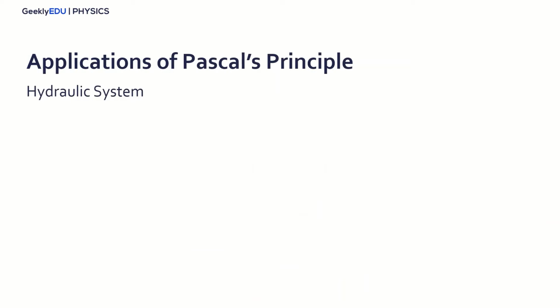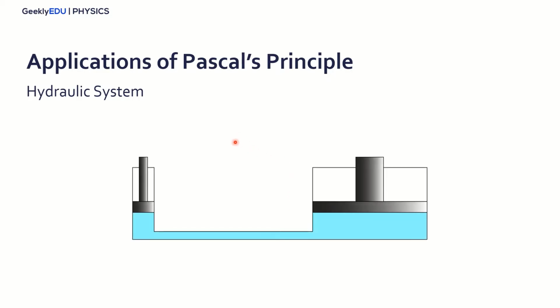Now let's go through some of the applications, okay? Mostly we apply Pascal's principle to hydraulic systems. Well, we have here a small hydraulic system. So we have two cylinders, okay, two pistons that are connected.